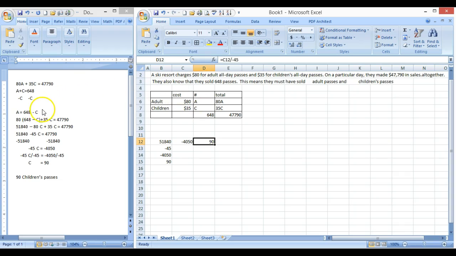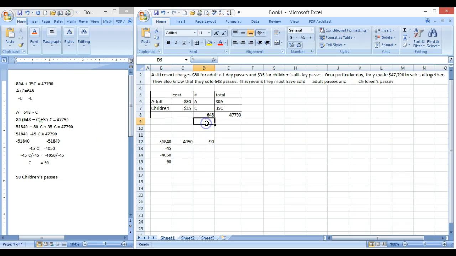Or, those of you who are more algebraic in your thinking, you could come over here and say, since C equals 90, I can plug it back into this equation that I found, and then do 648 minus 90. Either way you think about it, you're going to take 648, subtract 90, and you'll get your answer for the adult ticket.